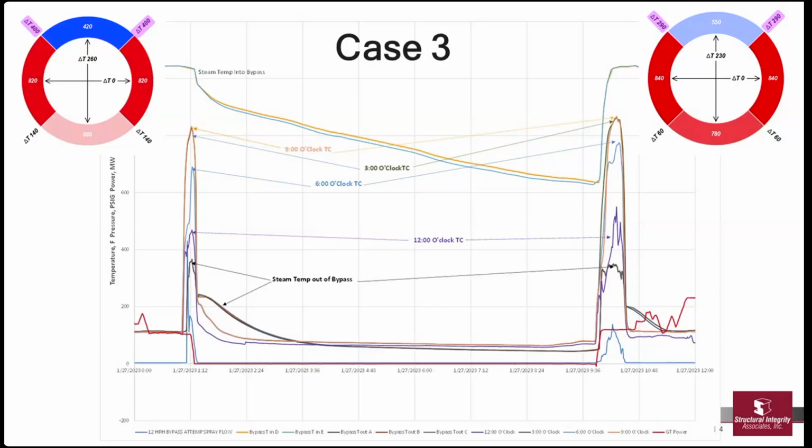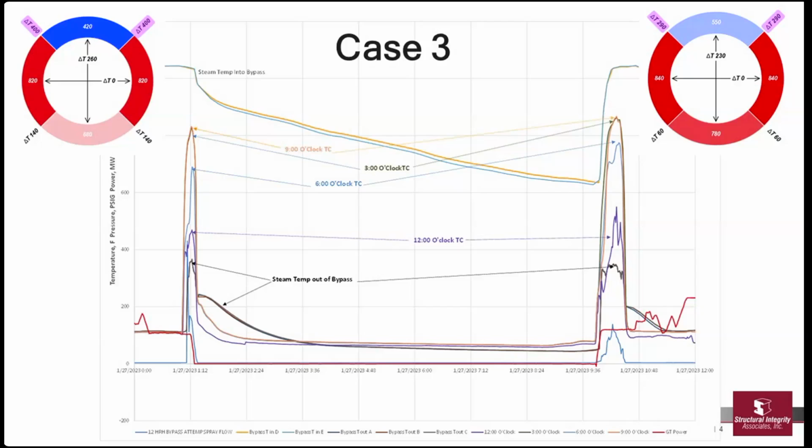As you can see, you typically think the worst temperature difference is top to bottom, but in this case it was not. It was actually between the 12 o'clock, which is the top of the pipe, and the 9 o'clock, which is one of the sides, where you ended up with about a 400-degree local temperature difference around that section.